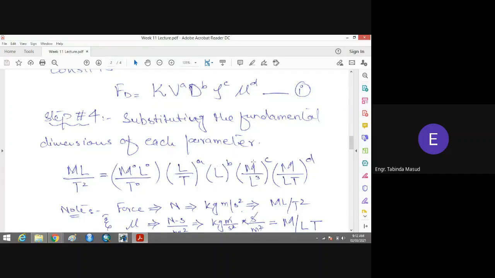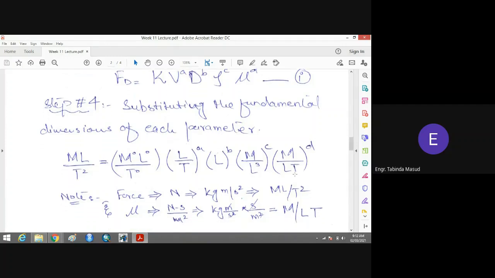Density is mass per unit volume, or kg per cubic meter. So it is M divided by L cubed with power c, and this is the fundamental dimension of the viscosity. So this is how, with the help of the formula or the unit, you can write the fundamental dimension of all the dependent and independent parameters.